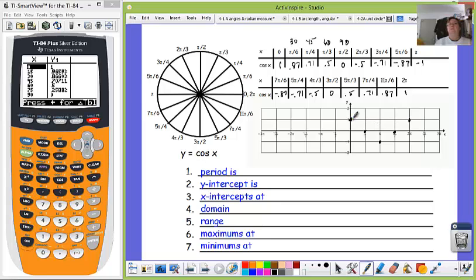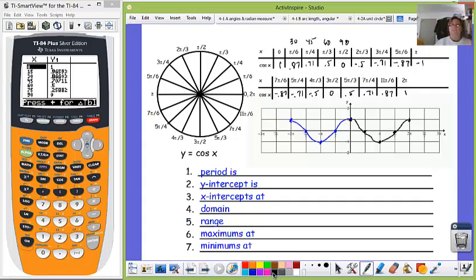So here's one full cycle of the cosine. And if we wanted to extend in the other direction, we could still keep following that same trajectory backwards. And there you have it.